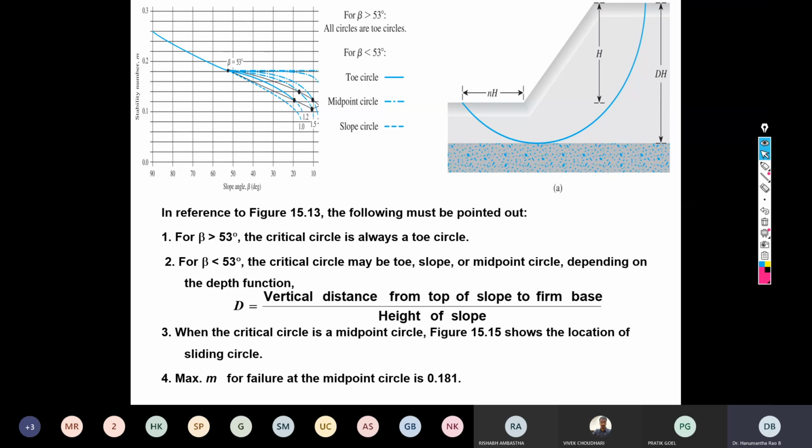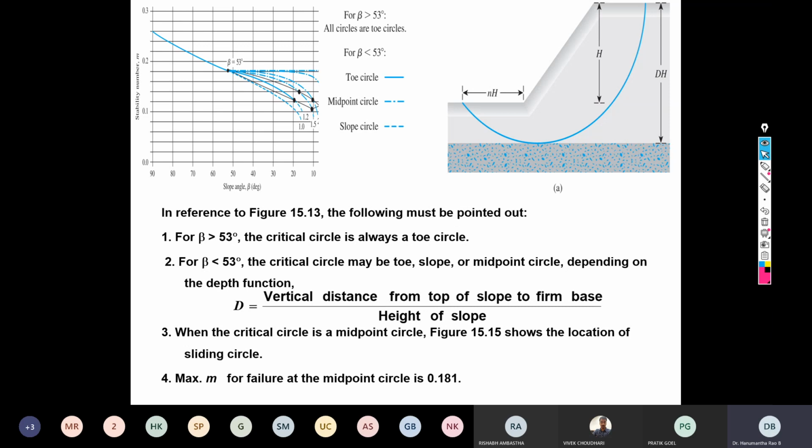We need to determine these two: on the top of the embankment where the failure plane is initiated, and on the natural ground surface where the failure plane emerges. If we can determine these two, and we find there is a possibility of slope failure, then we can think of appropriate remedial action.